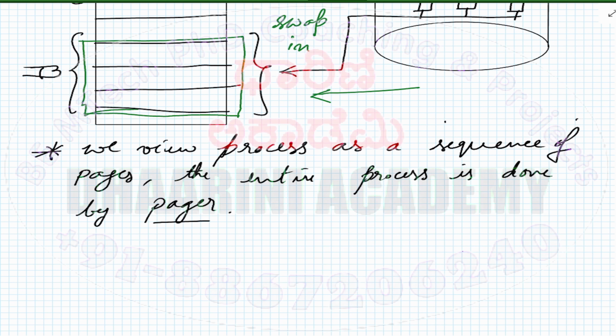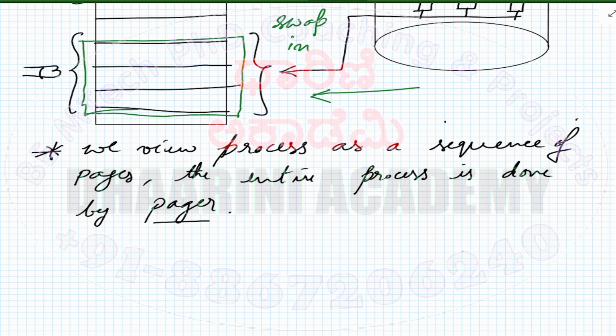So now when the process has to be swapped in, the pager will guess. Initially there will be a guessing operation, because there are some very standard definitions associated with a paging operation. If it is a controlling operation, then this is the required number. If it is related to IO operation, then this could be the ideal size.